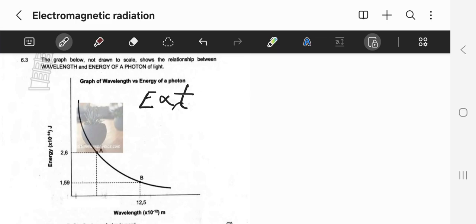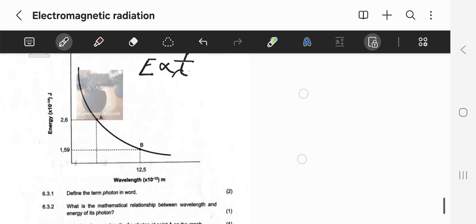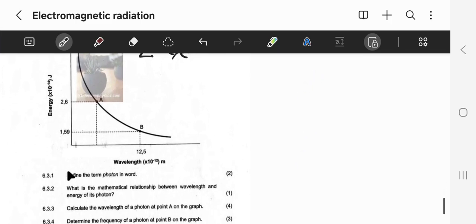Then to our set of questions, the first question here, 6.3.1, says define the term photon in words. And how do we answer that question, guys? We say that a photon is a packet of energy found in light.